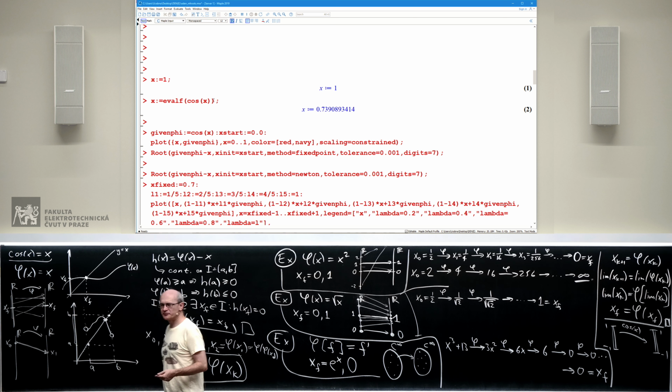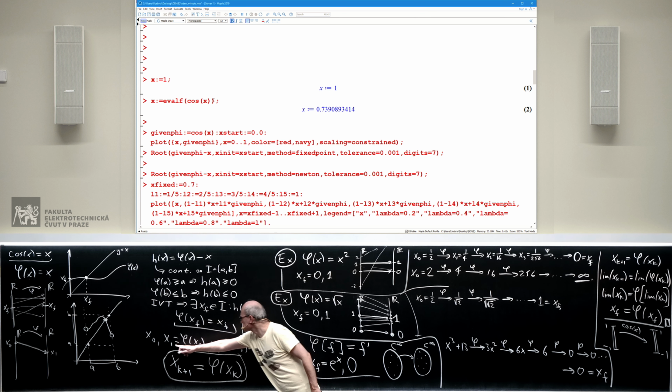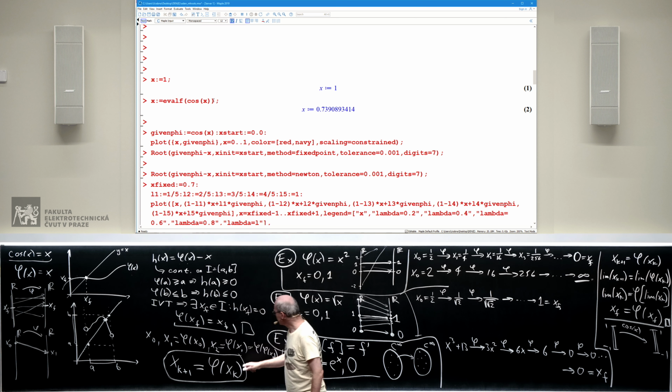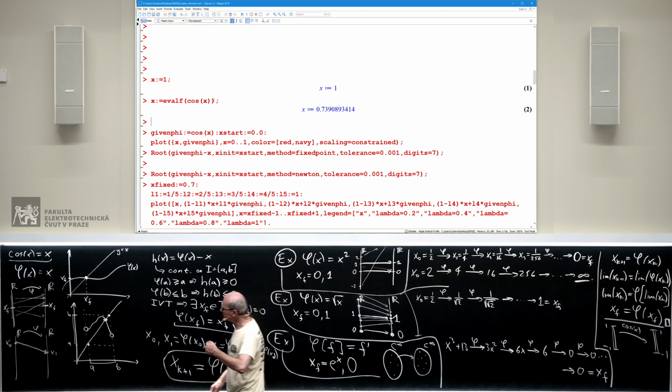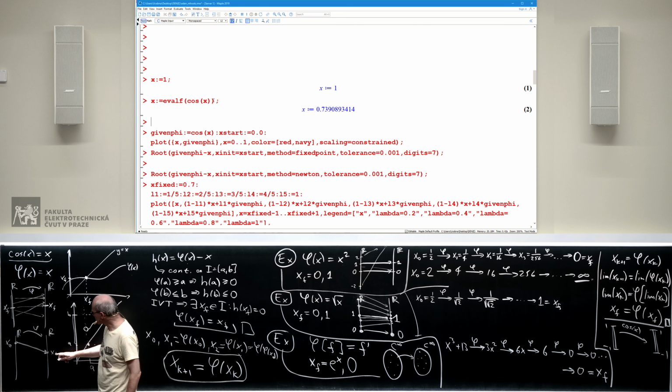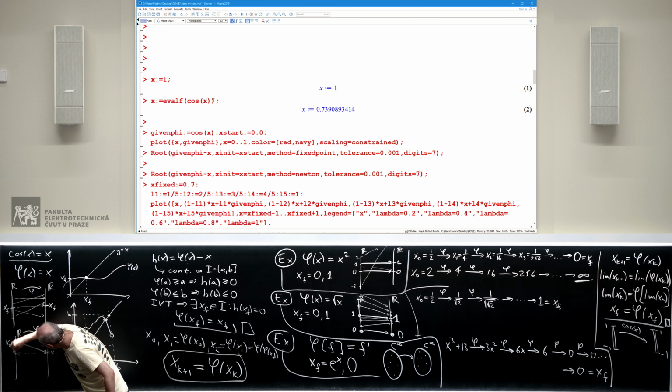Now, in the next stage of my iteration, I should take this x1, which I obtained from phi, and use it as an argument. So I need to transform this x1 back into the original space. So I have to go like that, horizontally, so to speak, to get to the same position, x1, and now I can substitute it into phi, and phi sends it over to x2. And again, then I have to transform it to the original space, and I keep going.